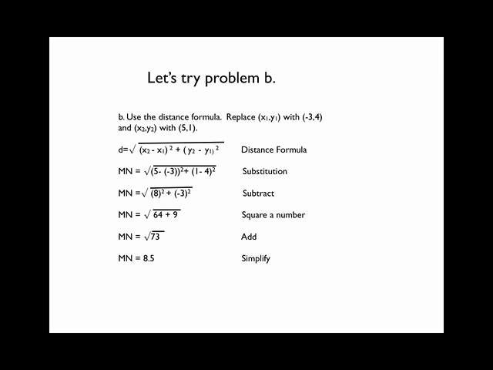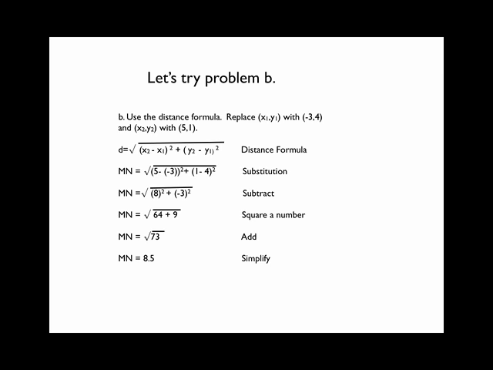Problem B. Let's use the distance formula and replace x1, y1 with (-3, 4), x2, y2 with (5, -1). Again, we're going to replace by substitution. We're going to subtract within our parentheses. 5 minus negative 3 is going to give us 8.